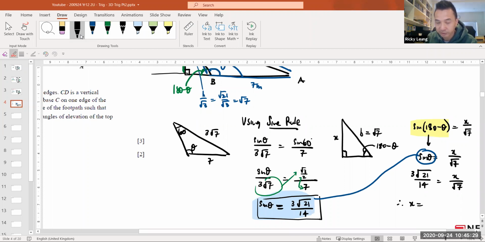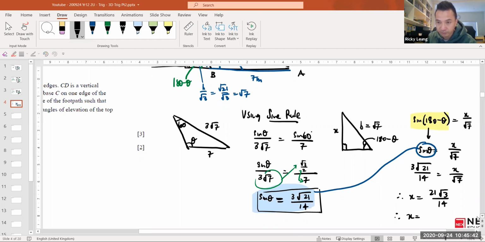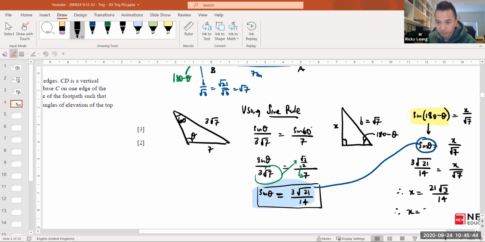What's that? Root 7 times the 21, split that up. It'll be 21 root 3 on 14. And that looks like it simplifies to, what's that, 3 root 3 on 2 meters exactly, which is the width of the footpath.